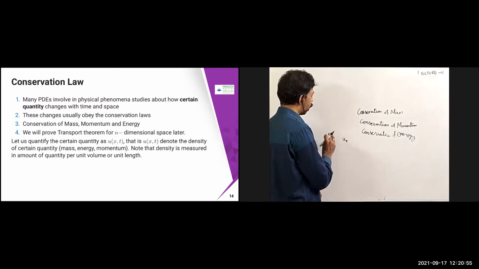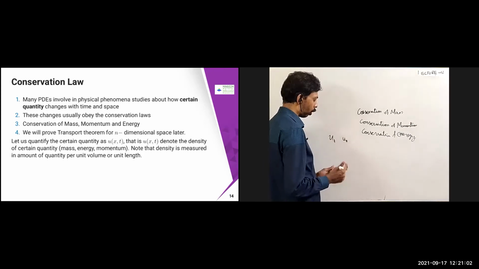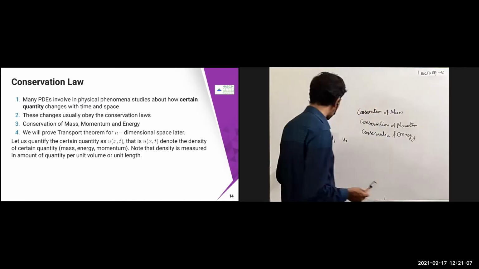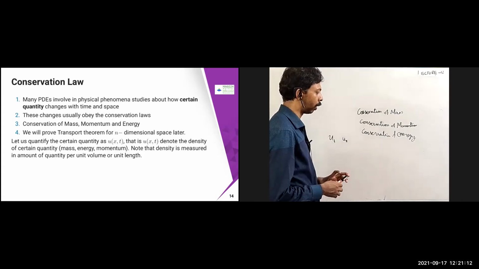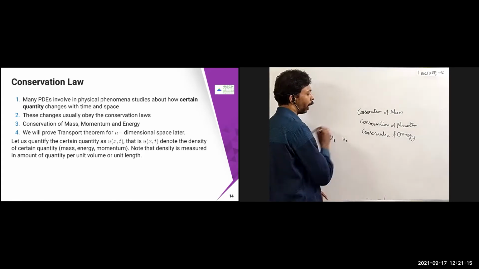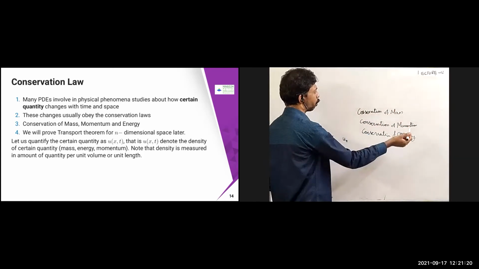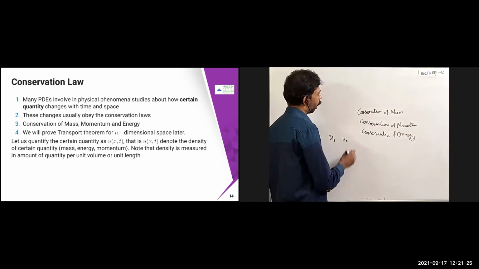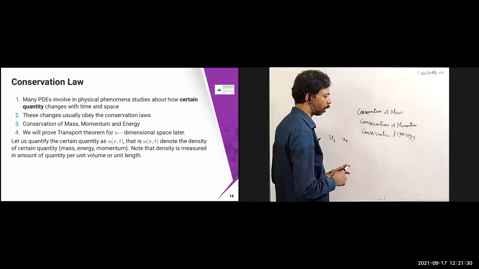Some quantity is going to change with respect to time or space. So many PDEs involve physical phenomena and study how a quantity changes with respect to time and space. These changes obey the conservation laws: conservation of mass, momentum, and energy. We will prove the transport theorem for n dimensions later.